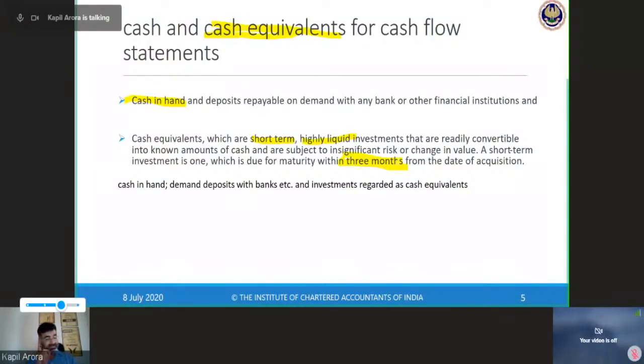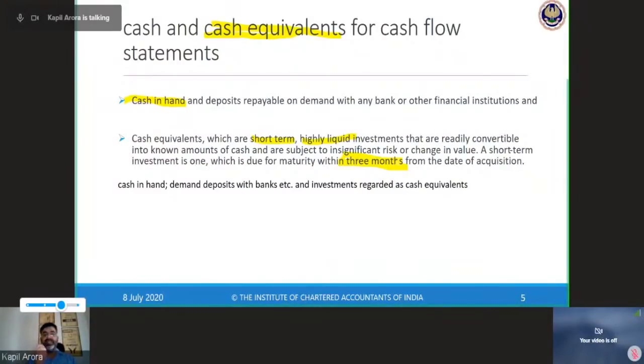That liquid asset can be sold. I'm not talking about a property, I cannot sell the property so quickly. I am talking about highly liquid assets. Highly liquid asset means if I have a deposit with the bank for 2 months, I can go back to the bank and break it in minutes.